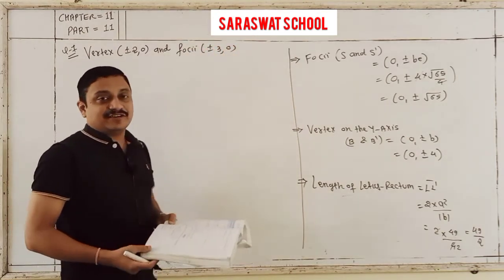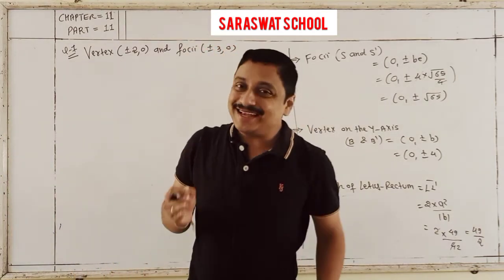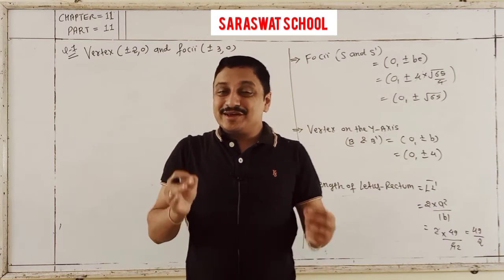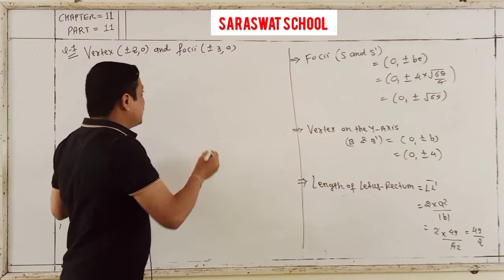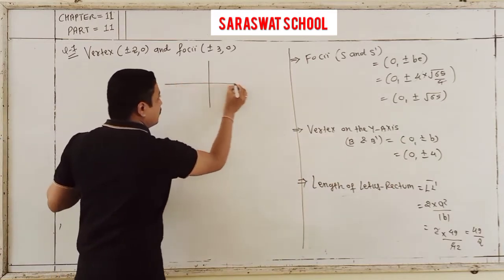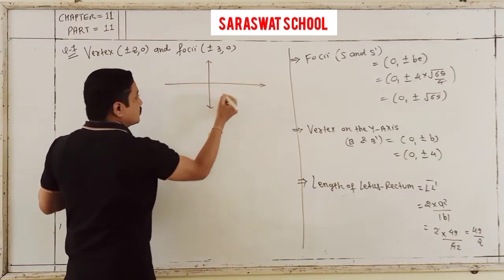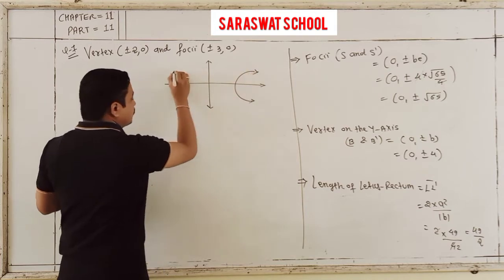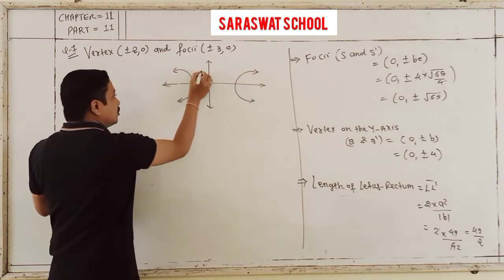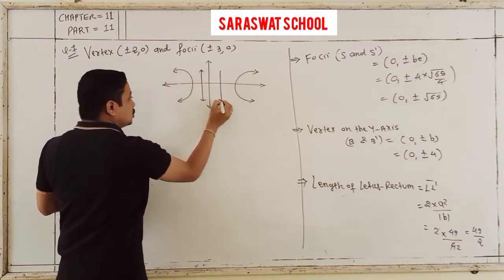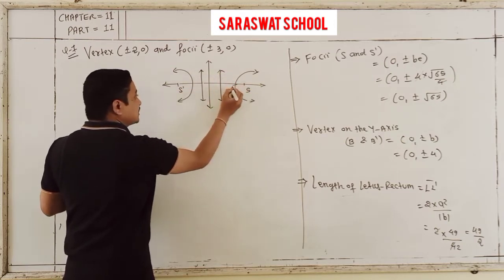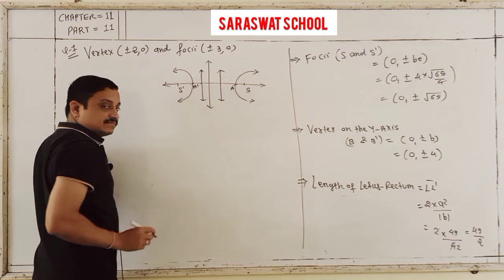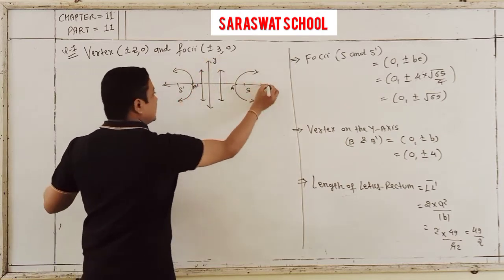So just check here, focus is given on the x-axis. So here the main conjugate axis, major axis is on the x-axis. So I will draw first our hyperbola in this way. Compulsorily you will draw a rough drawing of your hyperbola. Your focus, the vertex A dash, and that is the y-axis, here the x-axis.